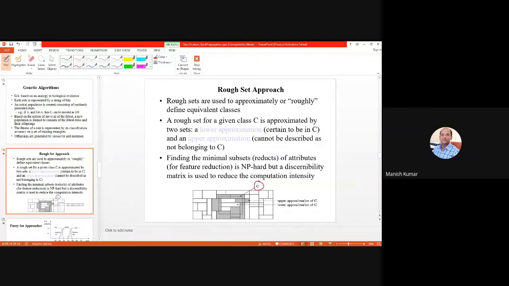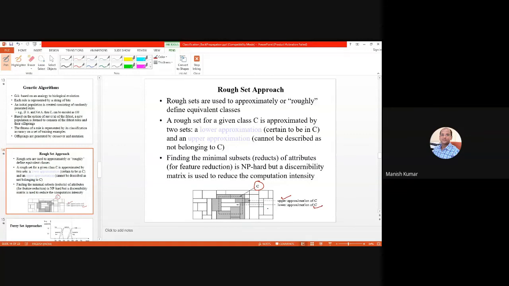Now, there are this dark and this white area. The dark area which is going beyond this class is the upper approximation, whereas this white area within is the lower approximation of C.